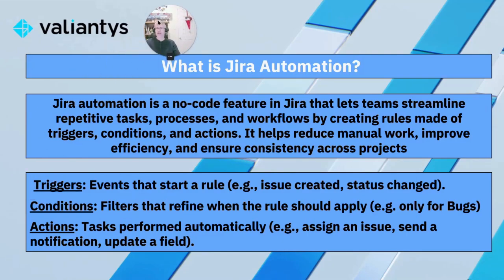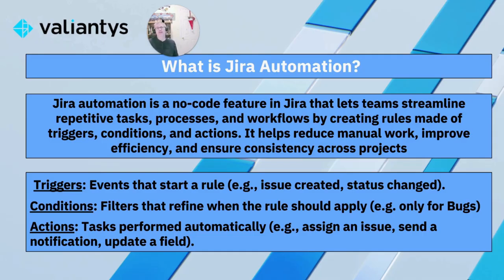First of all, what are automations? Automations in Atlassian are really a no-code or low-code feature that allows you to streamline repetitive tasks or processes. We also always refer to automation as something that allows you to let Jira work on your behalf rather than human beings doing it.